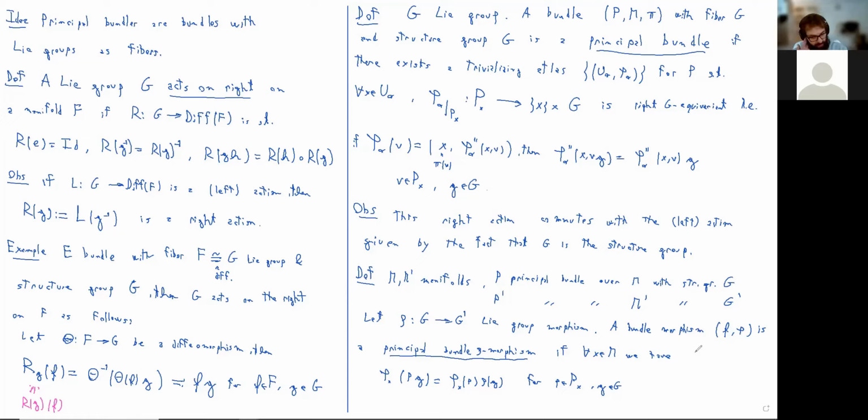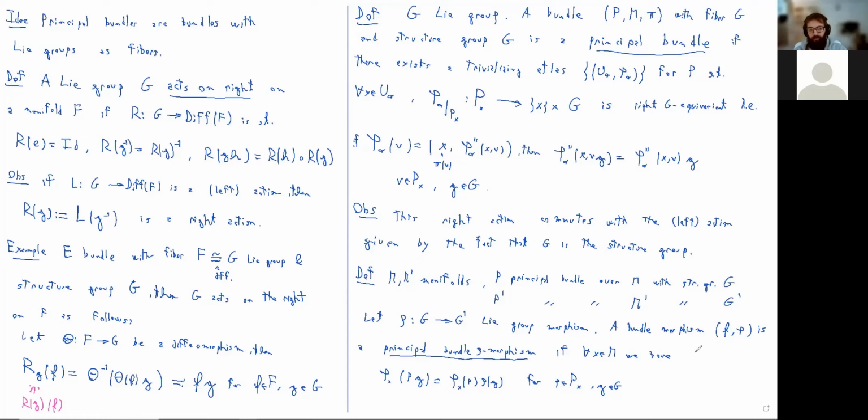So last time when we did vector bundles, we said that vector bundles are just bundles such that the structure group is some GL_N and the fibers are R^k, or R to some N, plus some linearity properties.